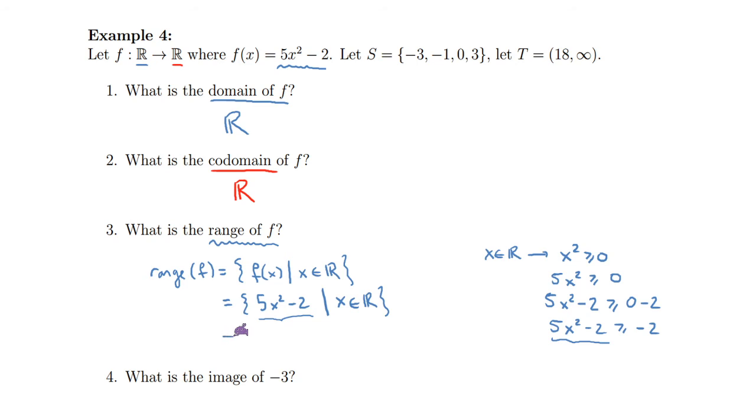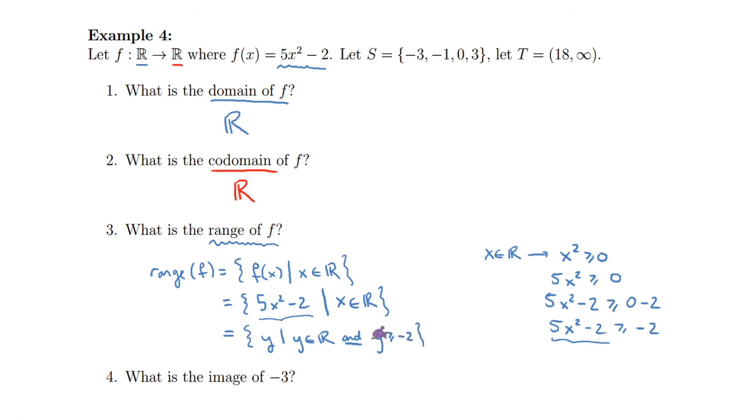So in other words, do you see that I could actually just write, you know what, let me use a different variable. Let's say I'll call it y now, such that y is real and y is greater than or equal to negative 2.